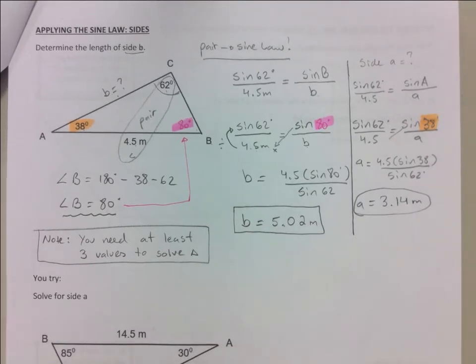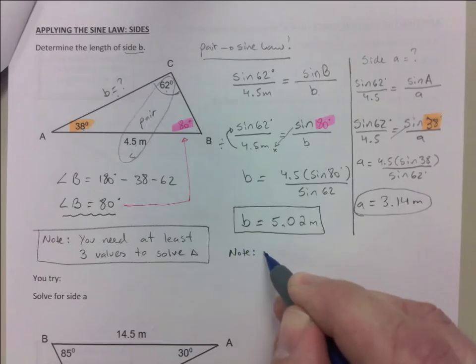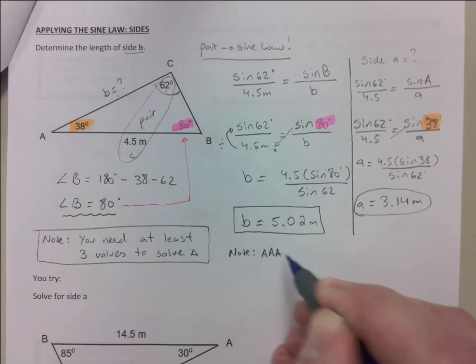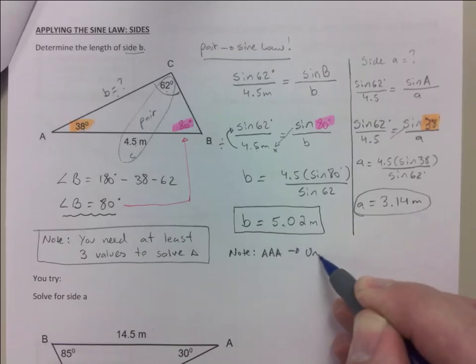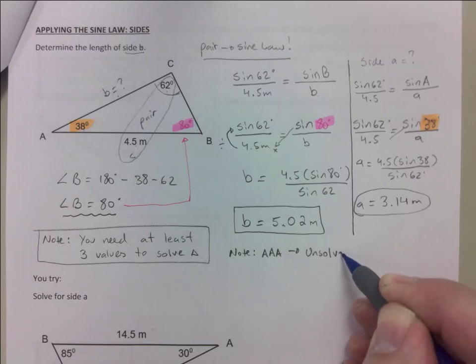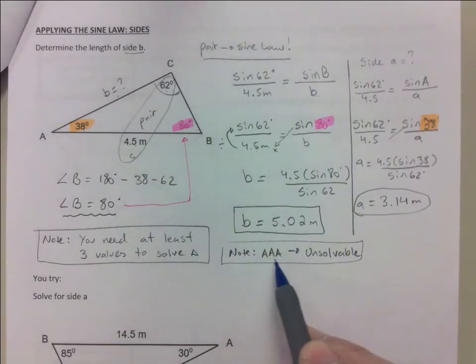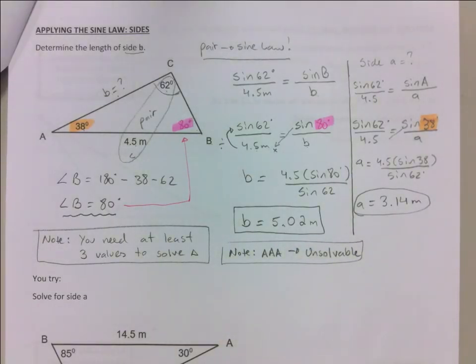So there's any combination. But another note, angle, angle, angle is unsolvable. Okay, you can't solve a triangle that only has angles. That's the one we cannot tackle.